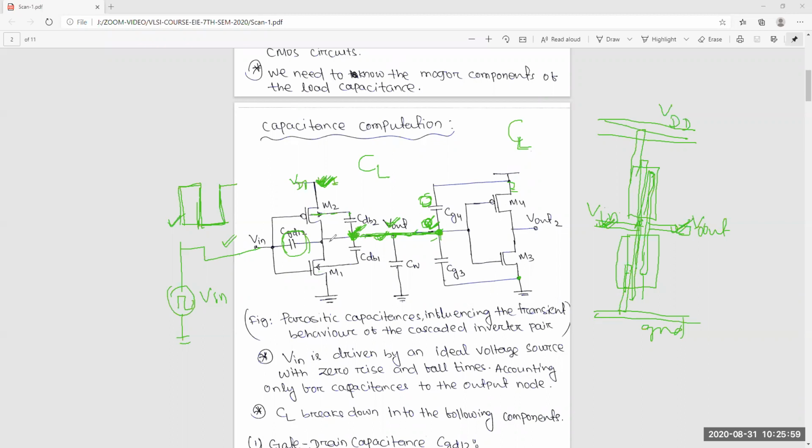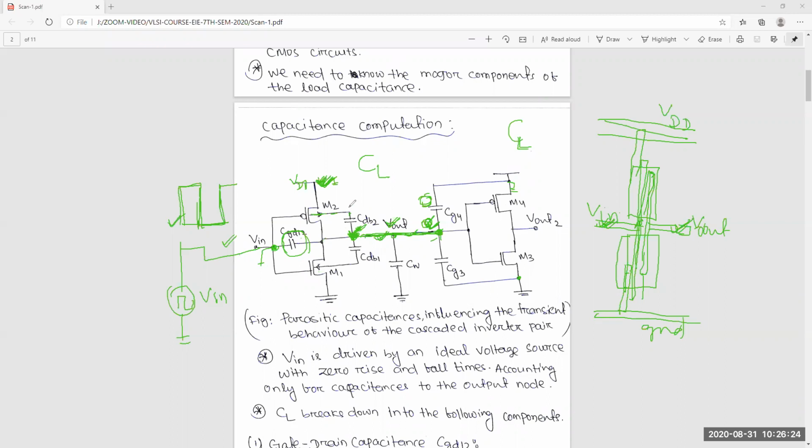You can see here this terminal is not connected to ground. This is not ground actually. But we also add this capacitance here because of the Miller effect. Do you know the Miller equations, the Miller effect of any circuit?